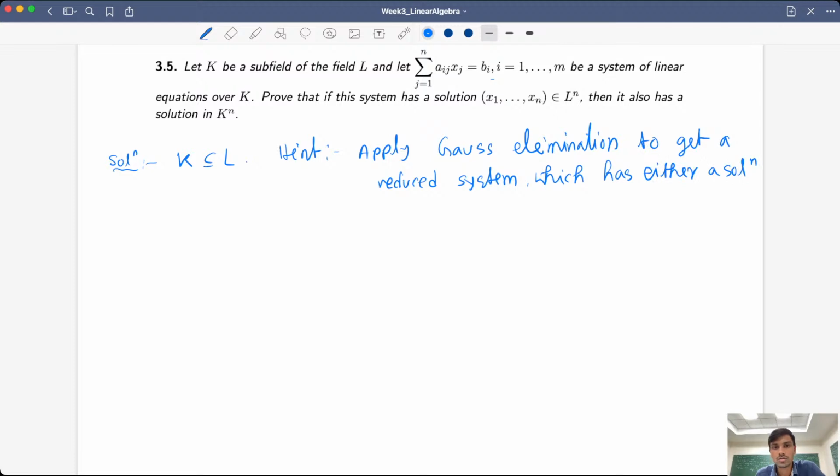If you don't have a solution in K^n, then you can't have a solution in L^n either. But in this case you have a solution in L^n, so you must have a solution in K^n. That's the argument. You just have to write the argument, nothing mathematical is needed.